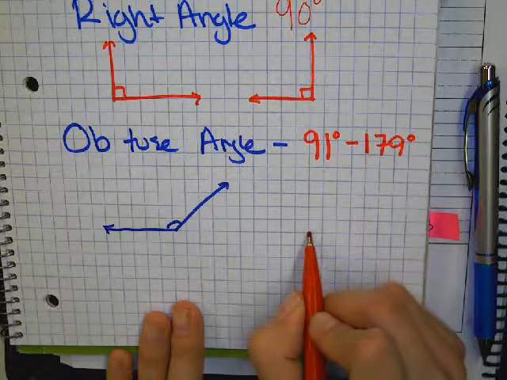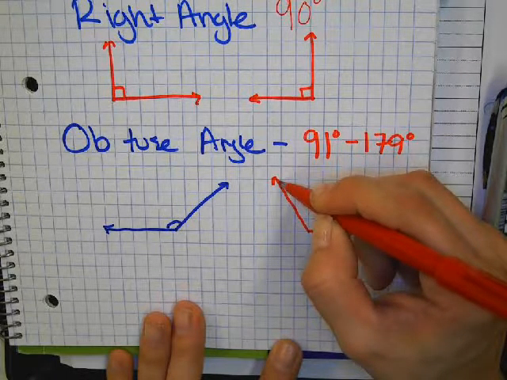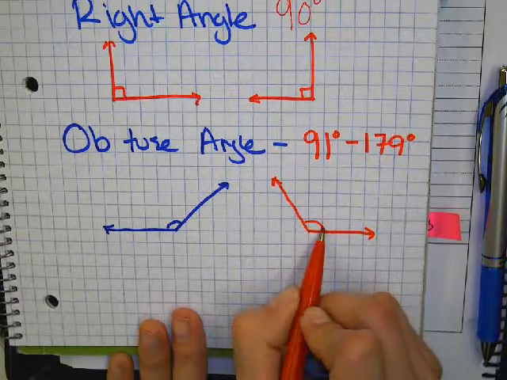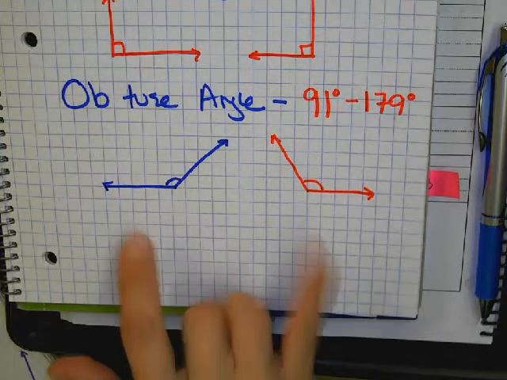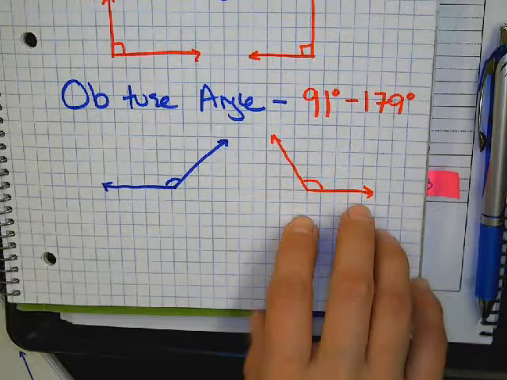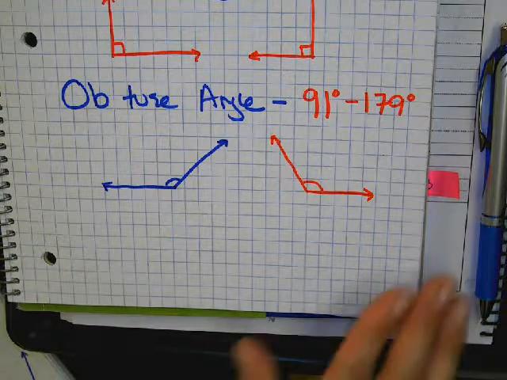Put it on Natalie's desk. Okay? It just has to be bigger than 90, but less than 180. Got it? So obtuse are between 91 and 179. So it's open more than 90, but less than 180.